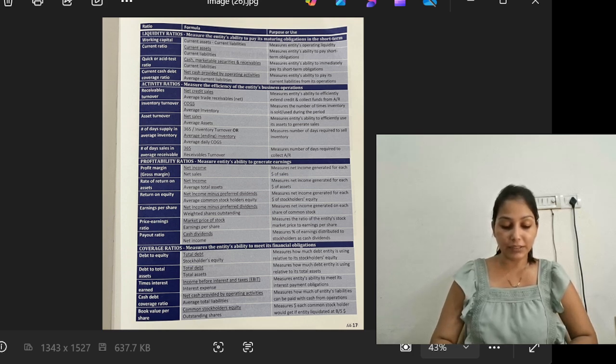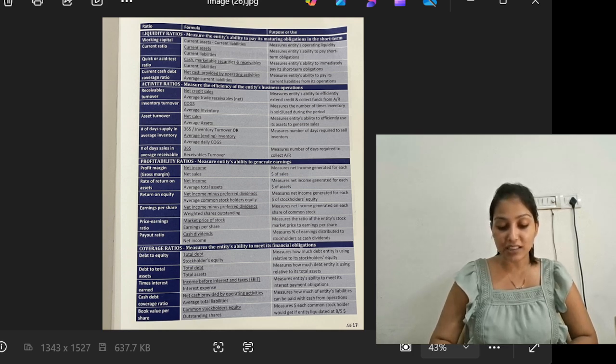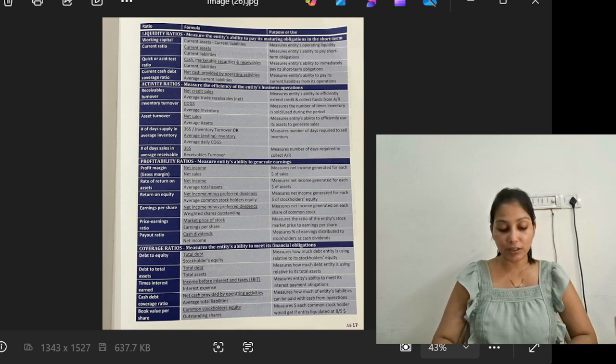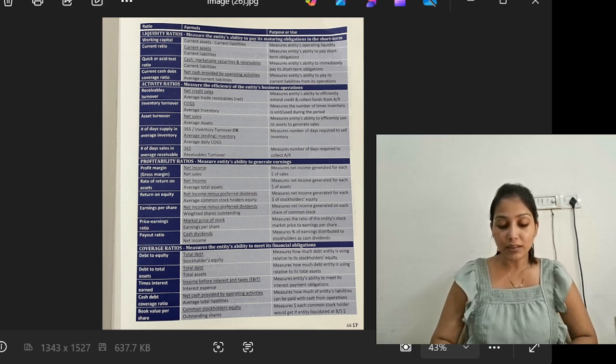Now we come to the activity ratios, which measure the efficiency of the entity's business operations. Under activity ratios come receivable turnover, inventory turnover, asset turnover, and number of days' supply in average inventory. Receivable turnover is net credit sales divided by average trade receivables, and it measures the entity's ability to efficiently extend credit and collect funds from accounts receivable.